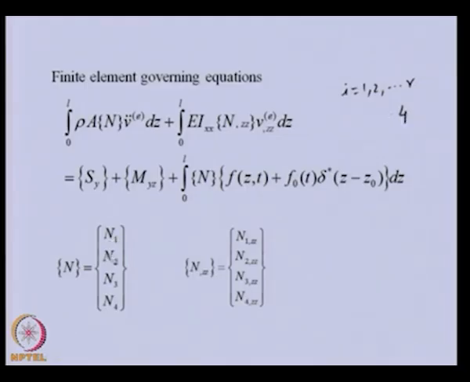So we have 4 shape functions. Here it was a double derivative, so comma double z represents the double derivative of N with respect to z. So this is the shear force, the bending moment. These terms I will explain explicitly. This was the force term.